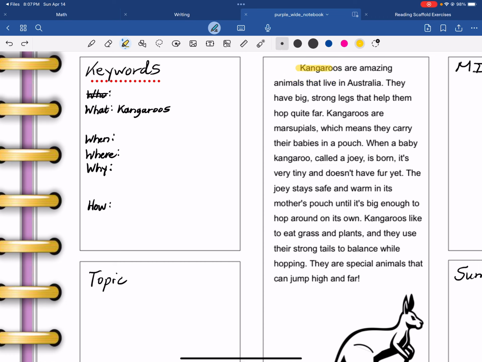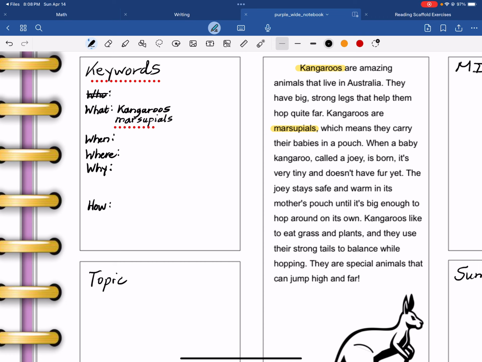I actually taught my students to use certain colors for certain things. For example, people were always blue, places were always green, and that helped some students. I will have to say that it confused some as well, so use your own judgment there. The word marsupials, that is a what? And this is a word that a lot of people are not familiar with.